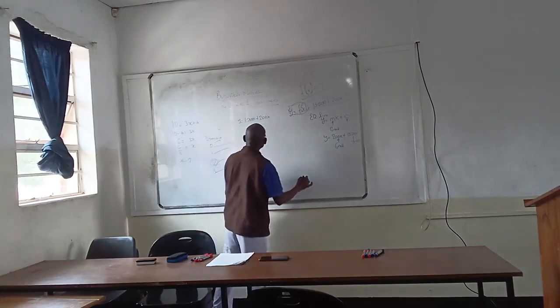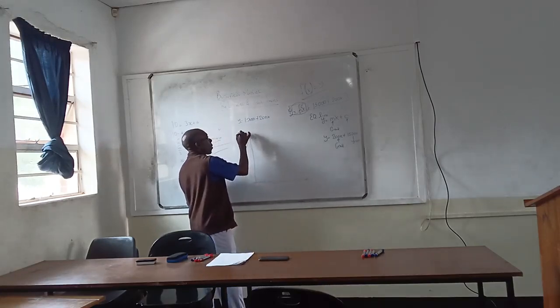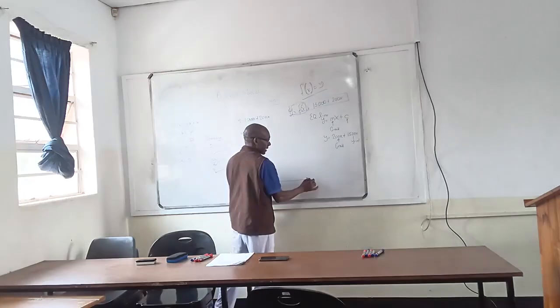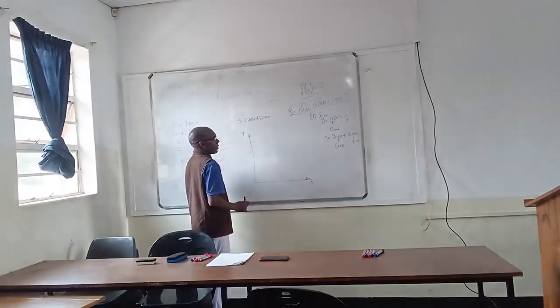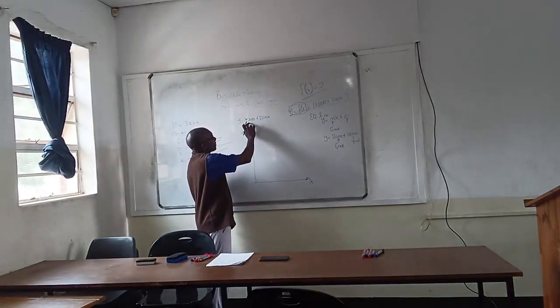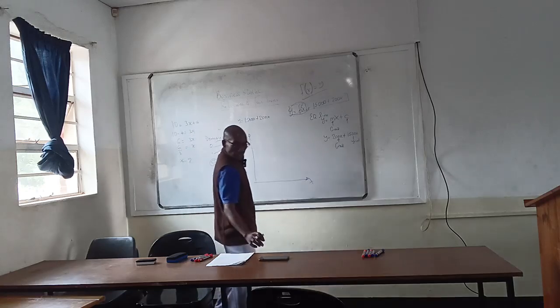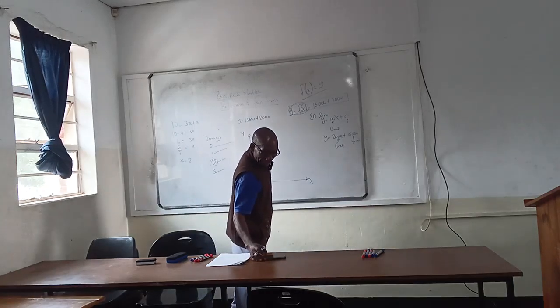Now, this is your y-axis, and this one is your x-axis. If you look at this, it is the 15,000. If that is the 15,000, let's come up with our scale.